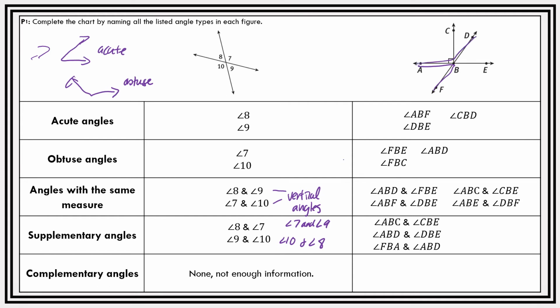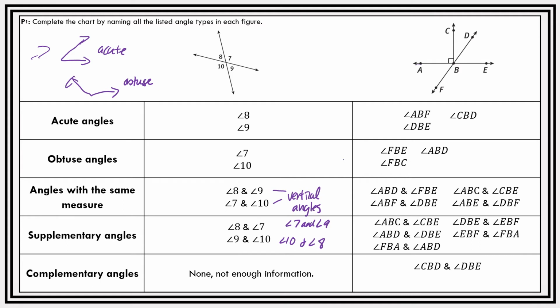Make a straight line as well. DBE and EBF. Okay, I'll take it. EBF and FBA. I'll take that as well. And is there one more? No. Okay, so that's all our supplementary angles, but we have our first pair of complementary angles now.